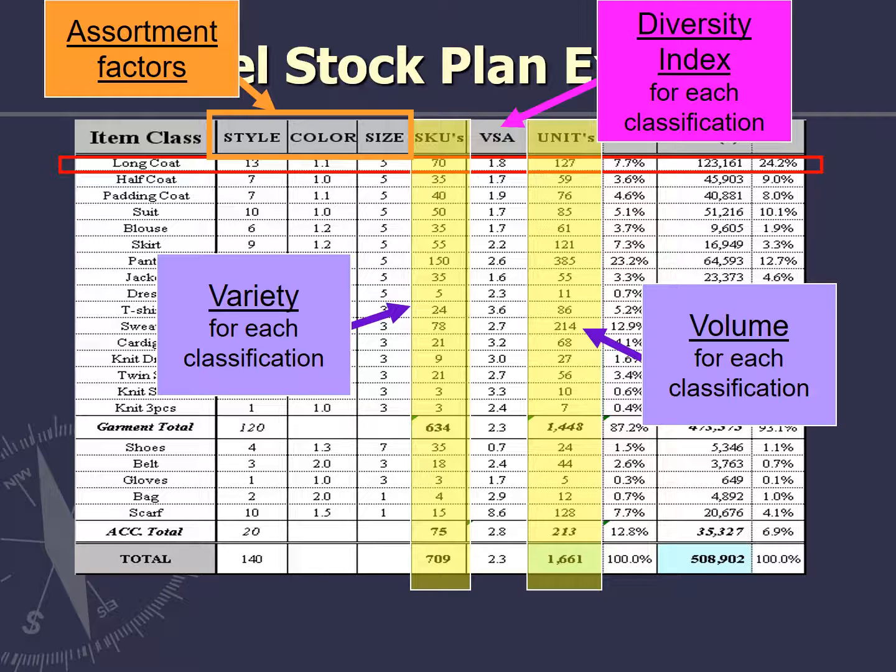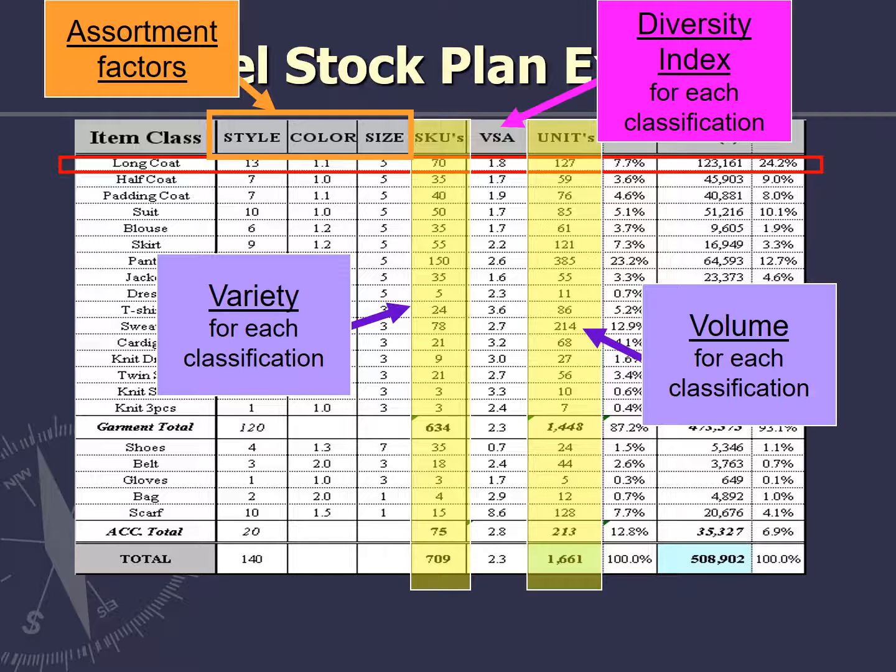It's going to be using the open to buy budget of $123,161, and that leads to the unit calculation of 127 units. So the store is going to carry 127 units of long coats overall.